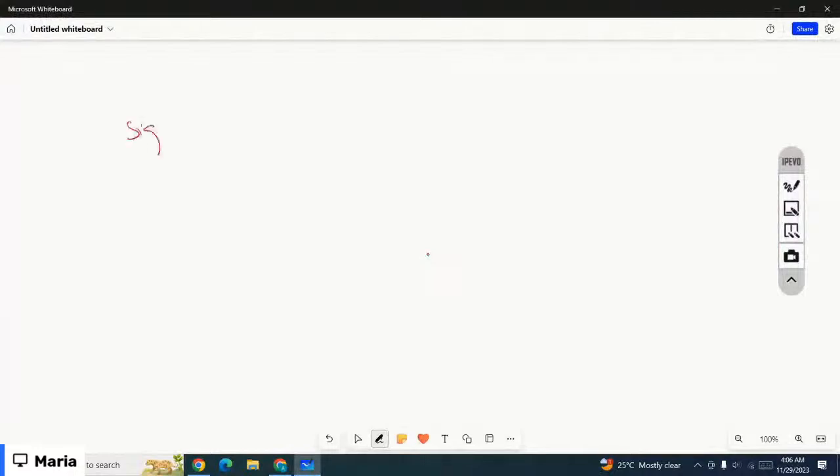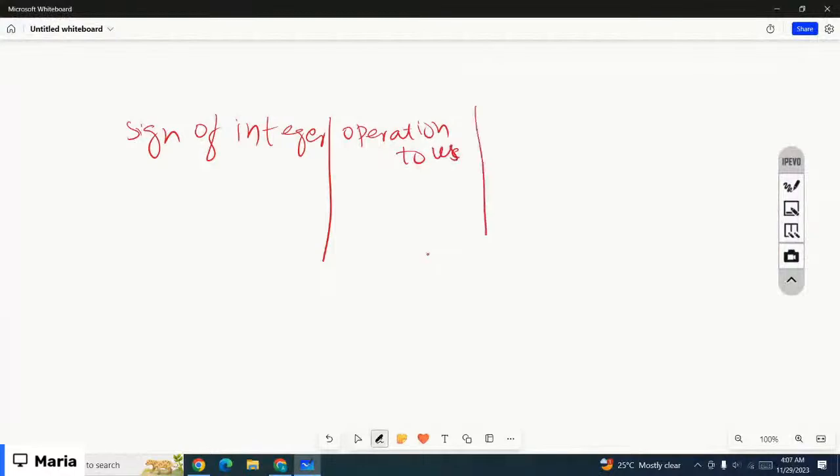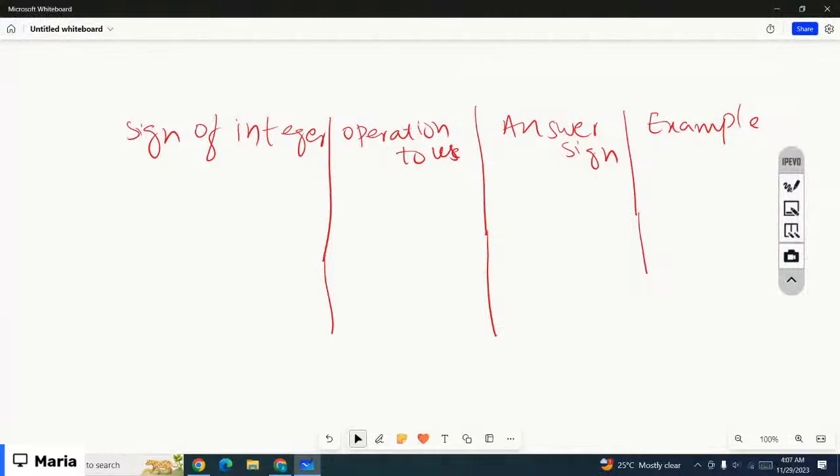You make a table: signs of integers, then the operation to use, which operation you perform, add or subtract, then the answer sign, and then an example. Note down this table, please. Make sure you have your notebook and pencil so that you can note down these important things. No maths without notebook and pencil.